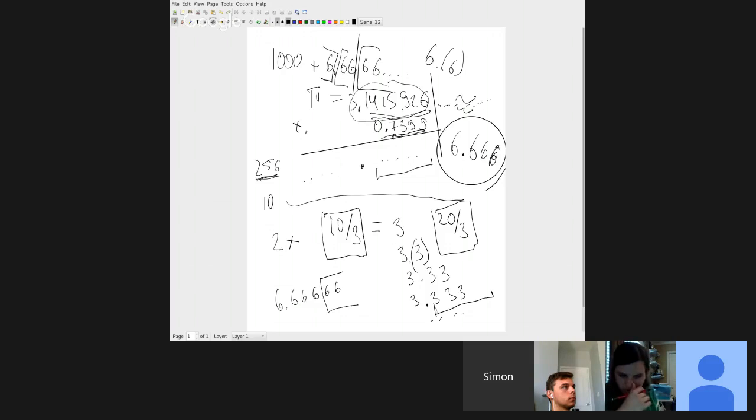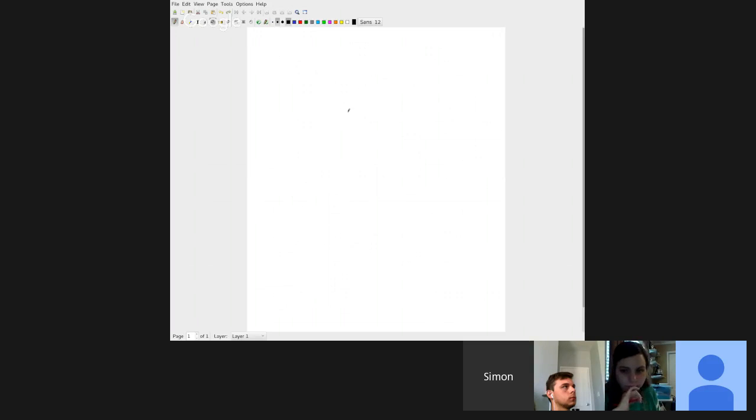Let me clean it up. So now we're dealing with any number to be stored in 4 bytes. And I just mentioned that 4 bytes for us are 4 different placeholders, 4 different digits.